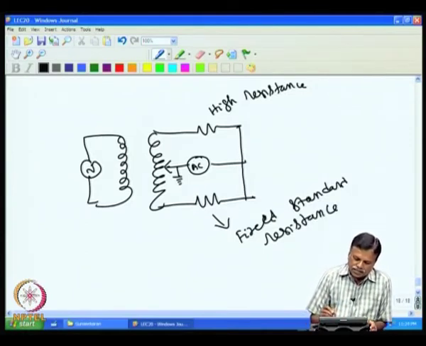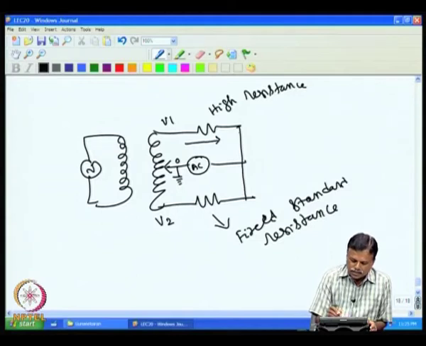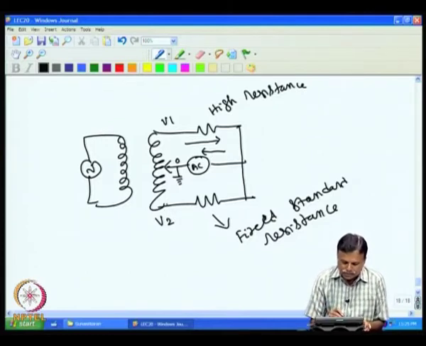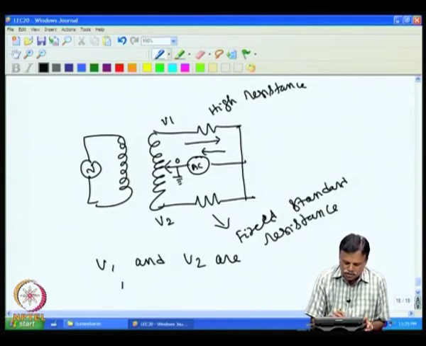Essentially the basic working is like this: if this is taken as 0, and this is taken as V1 and this is taken as V2, then the current that is coming here goes through this, and V1 and V2 are 180 degrees out of phase.